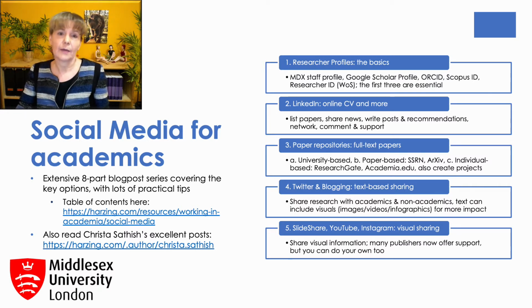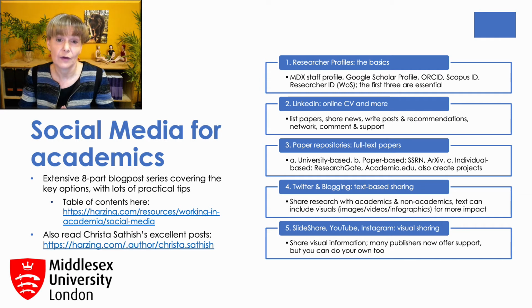So what are we talking about when we're talking about social media for academics? Well, that's a bit fluid, as there are literally dozens and dozens of different platforms. But broadly speaking, we have 5 categories of online platforms to communicate with others and to build your identity and reputation as an academic professional.